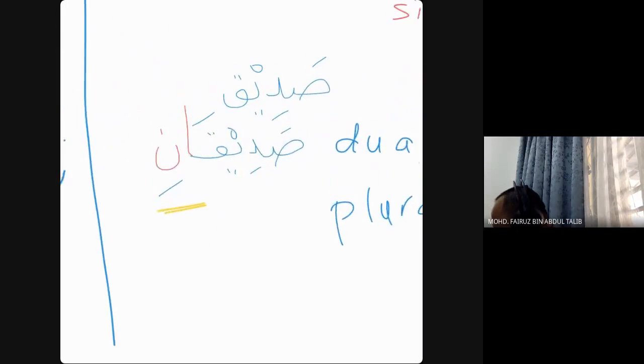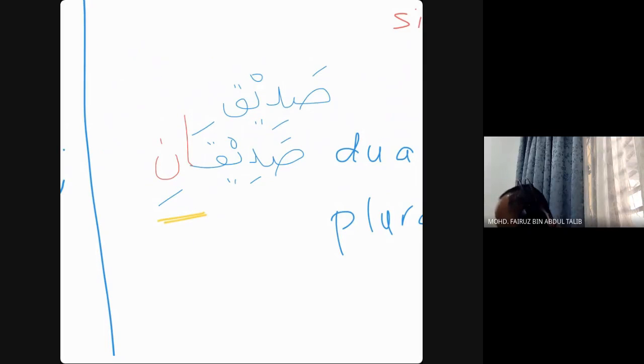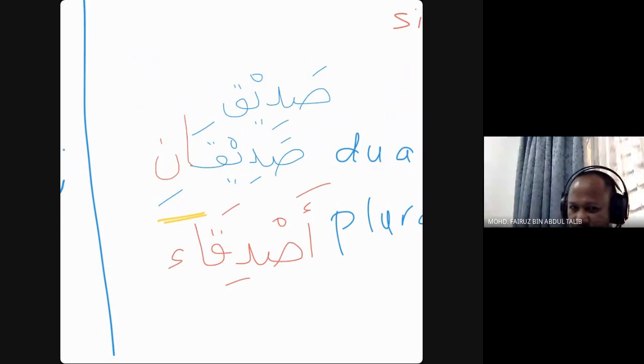For example, this word, sadiq, sadiqani, the plural word is, let me write the plural word, asdiqa. Sometimes the form changes, but you still see the similar word. You have sad, dal, and qaf.